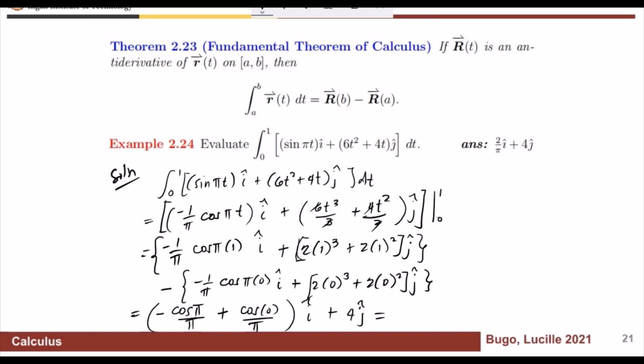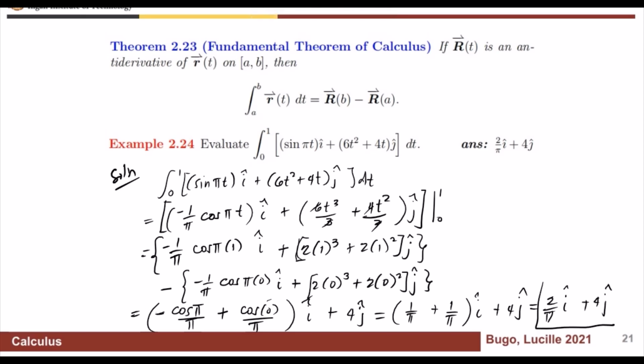And of course we can still simplify this one. Cosine of π is negative 1, and we have a negative here, so negative of negative 1 will be positive 1, or 1 over π, plus cosine of 0 is just 1, so that is just 1 over π i hat plus 4 j hat, or this is equal to 2 over π i hat plus 4 j hat.